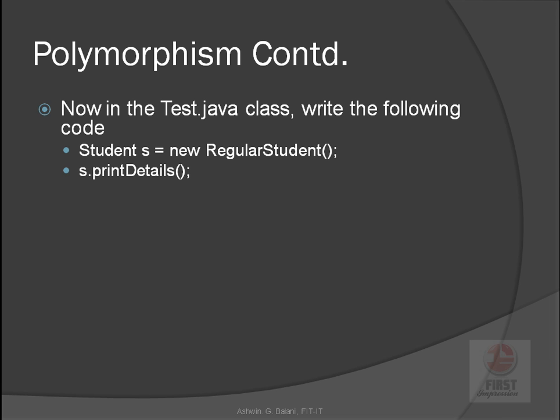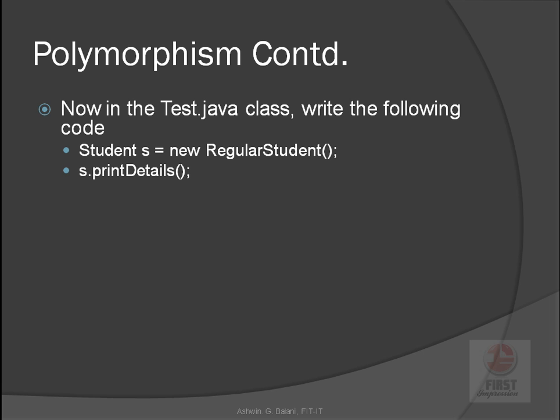For example, Student is a base class, RegularStudent is a derived class. So when we say Student s equals new Student, s being an object of the base class Student can contain the reference of the object of the RegularStudent class, that is the derived class. So whenever I say s.printDetails, the compiler will first search for the function printDetails inside the derived class.